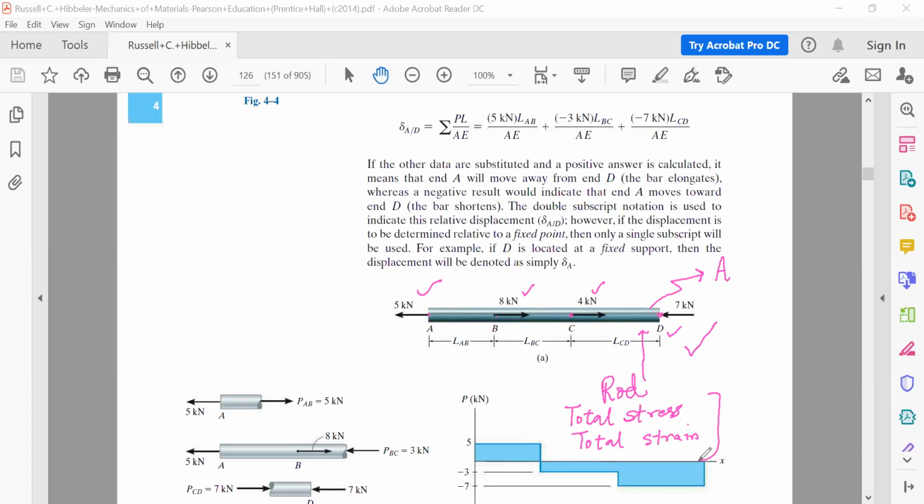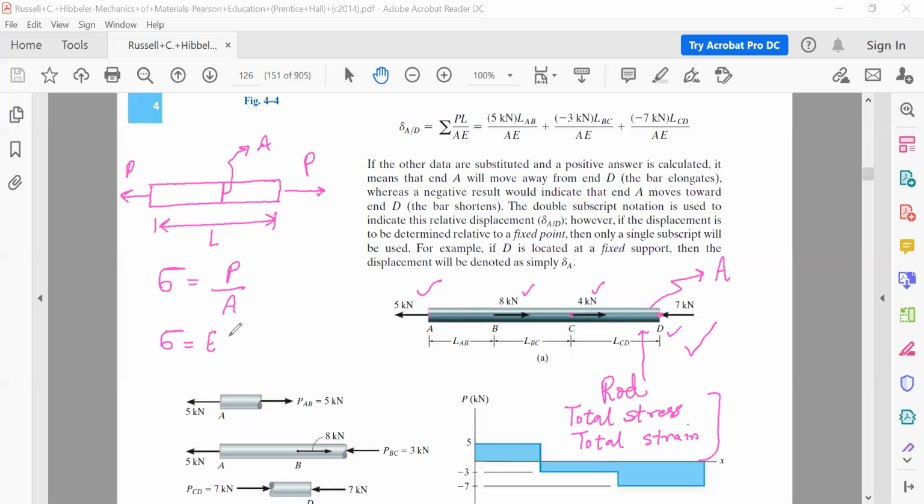Now, as far as the stress is concerned, if we have a machine element in the form of a rod subjected to load P, and its length is, say, L, and its area of cross section is A, then we define the normal stress in this machine element as P by A. And stress is equal to Young's modulus times the strain, that is, change in length divided by the original length.